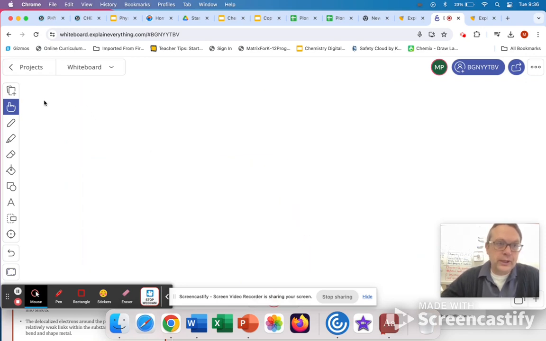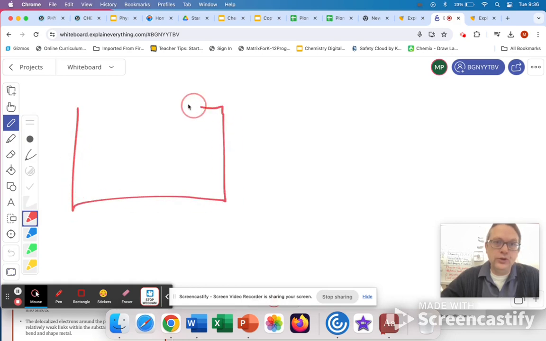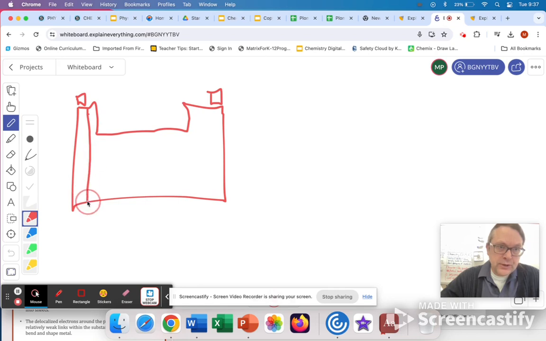So looking at our periodic table, it's got hydrogen up here, and it's got helium over here. So sodium is in group 1, this group.